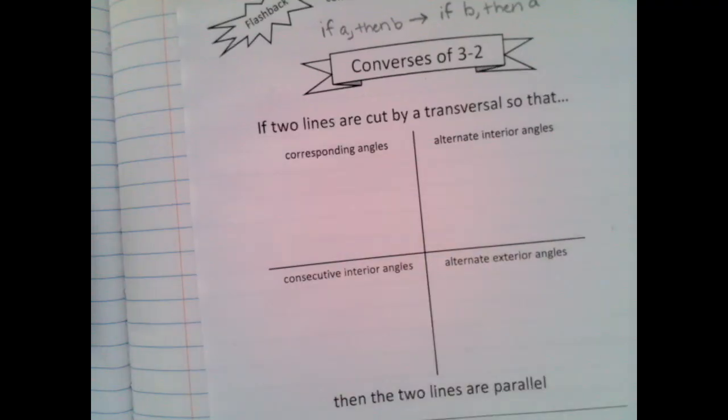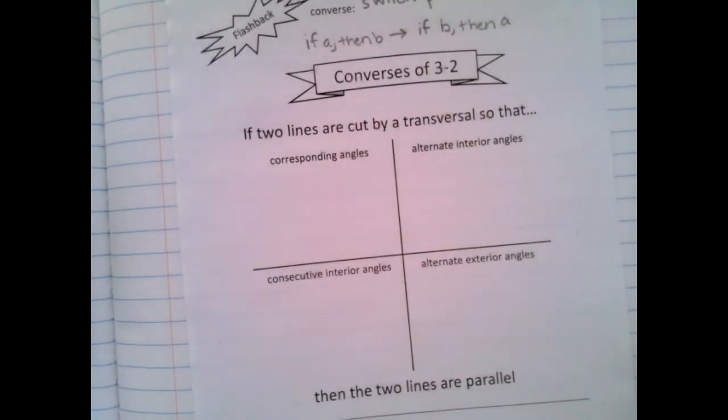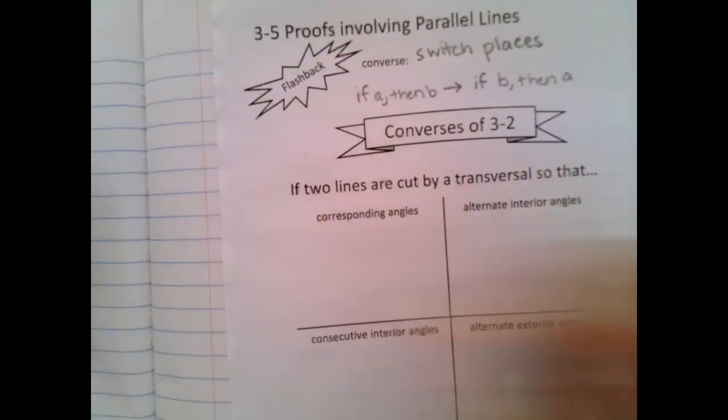So we're going to start with corresponding angles. What relationship should corresponding angles have? We just looked at it. They should be congruent. Thank you. Okay, so corresponding angles are congruent.